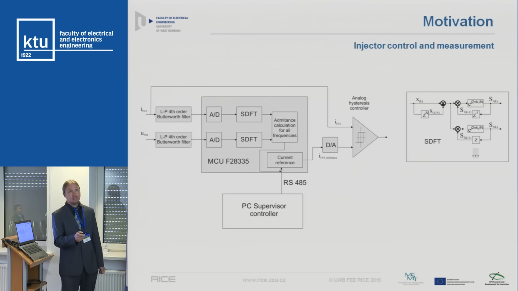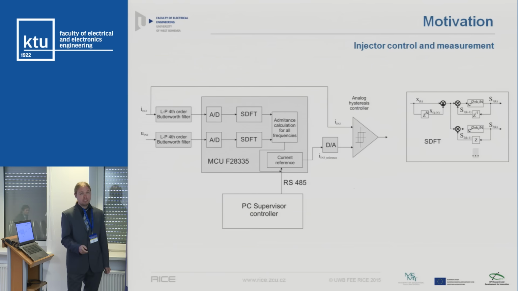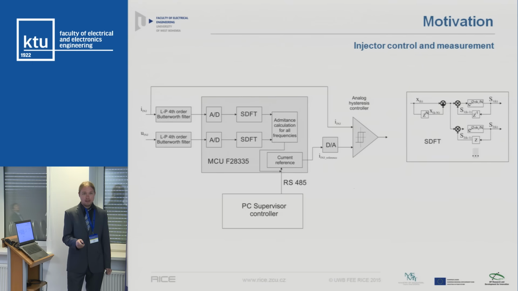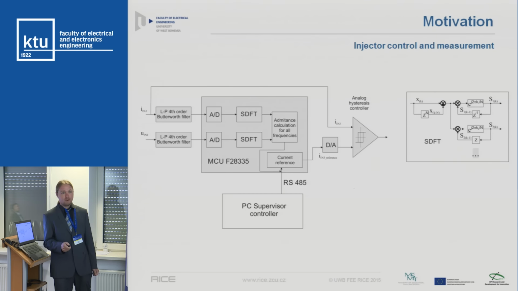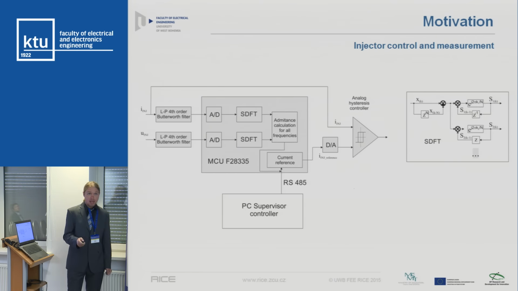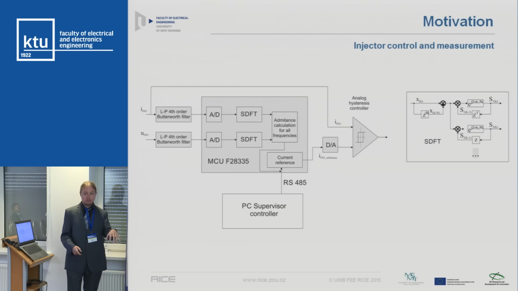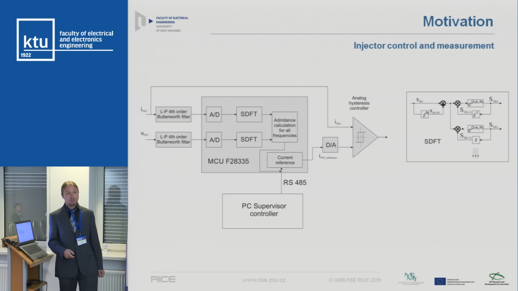We compute the spectra of currents and voltages, and we send these values to the Petersen coil supervisor controller over an RS485 bus. And the Petersen coil supervisor controller moves the Petersen core to achieve resonance at 50 Hz with the grid-to-ground capacity.